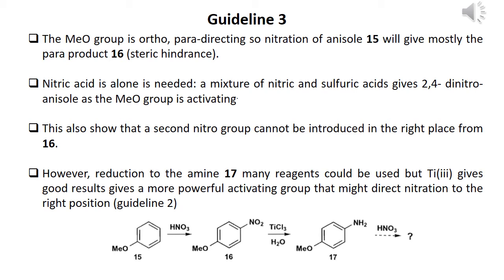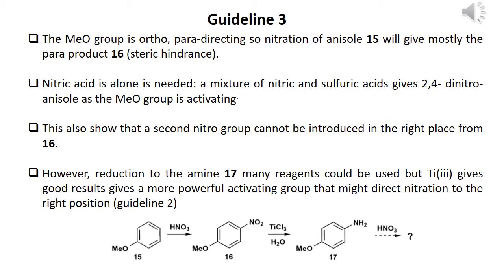Now this also shows that a second nitro group cannot be introduced in the right place from 16. The second nitro group must be added at the position meta to methoxy. So this shows that there is not the right way to introduce two nitro groups at the same place.